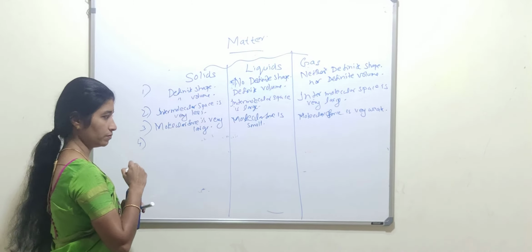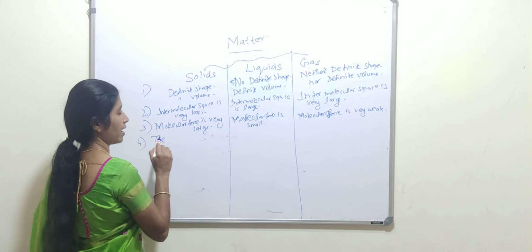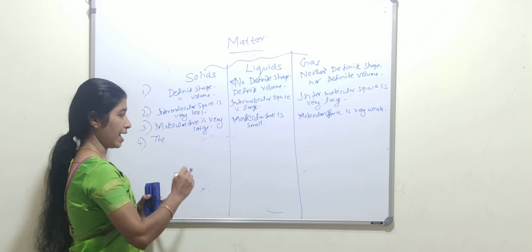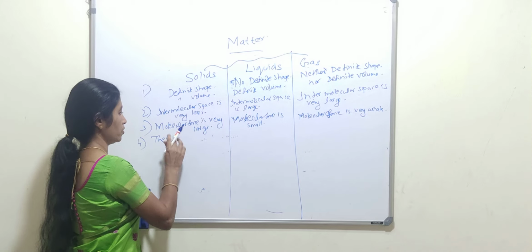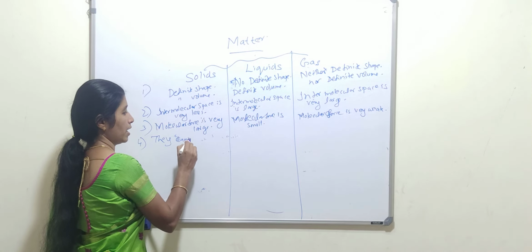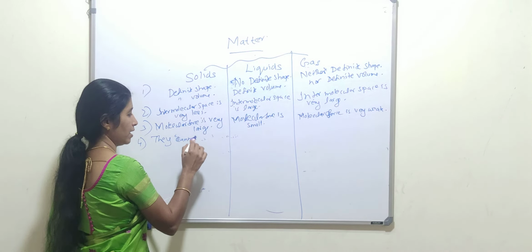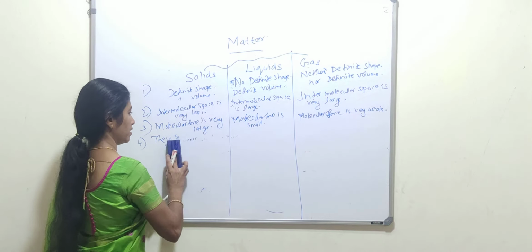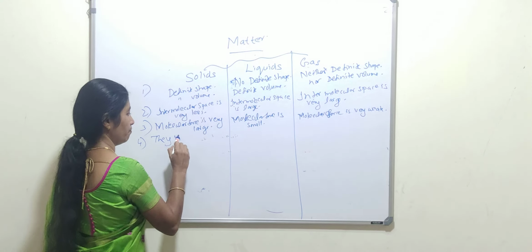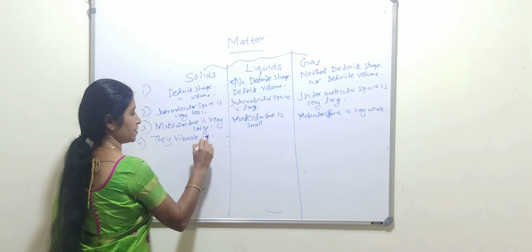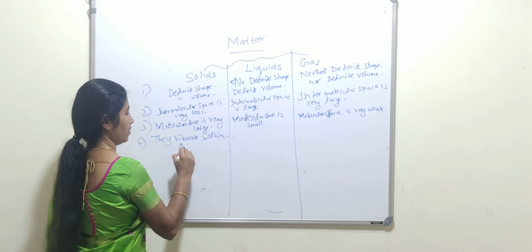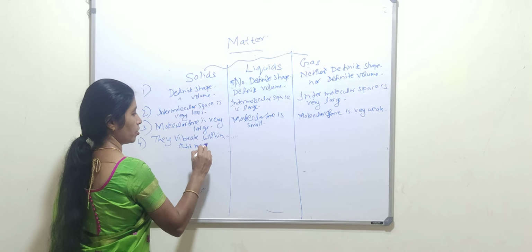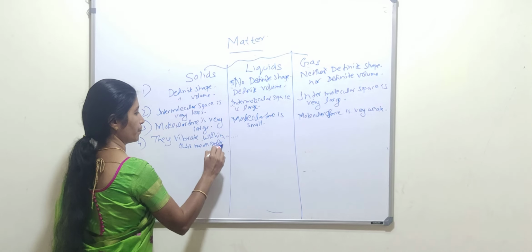And what is the fourth one? In solids, they cannot move. They vibrate within their mean positions. They cannot move anywhere freely.